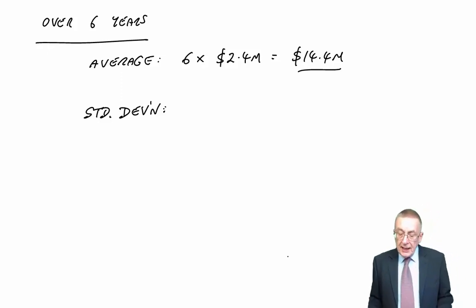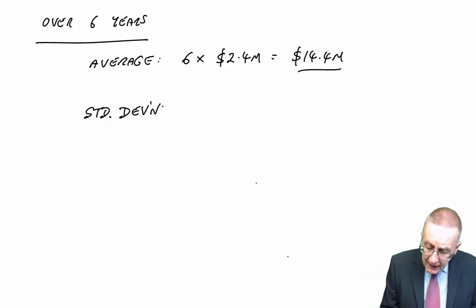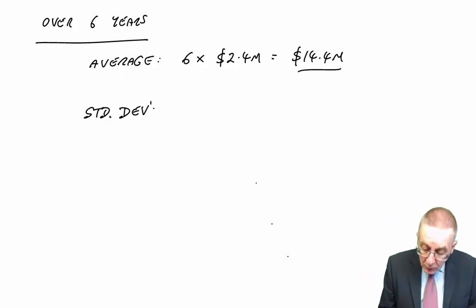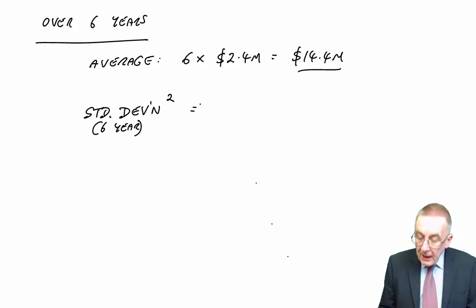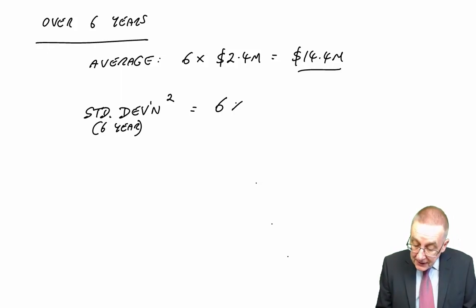It doesn't work like that. We have to square it. The standard deviation squared, this is the 6-year deviation, is going to be 6 times the standard deviation squared, the 1-year deviation.